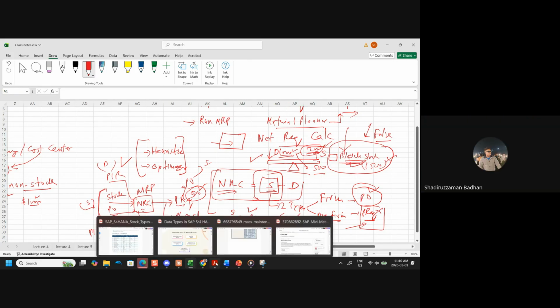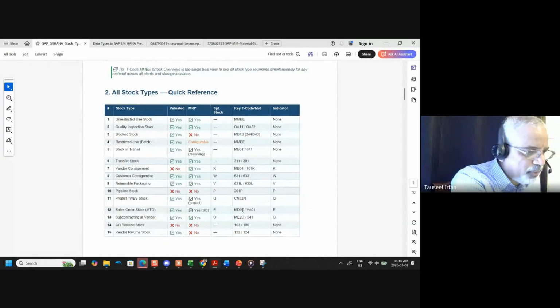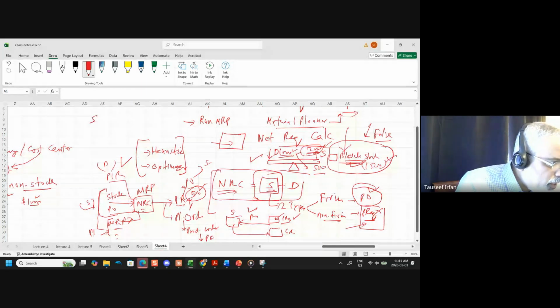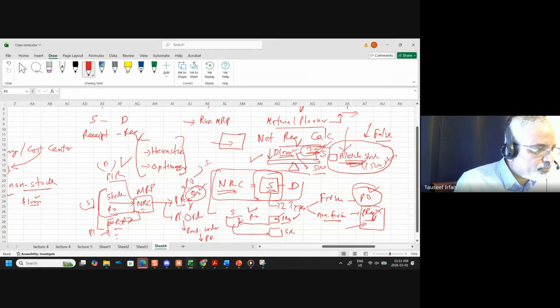Yes, sir. I have one question, sir. Yeah, please. See, the net requirement calculation, receipts minus requirements, is only supply minus demand. Supply minus demand and receipts minus requirements are the same thing, Srinivas.